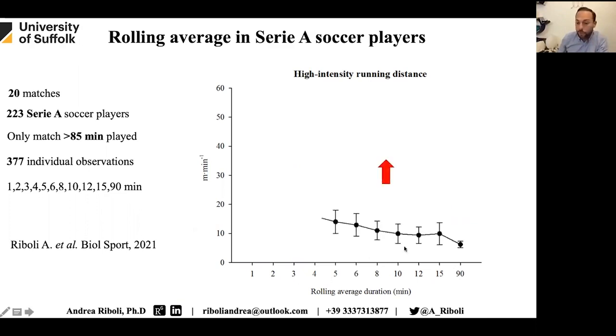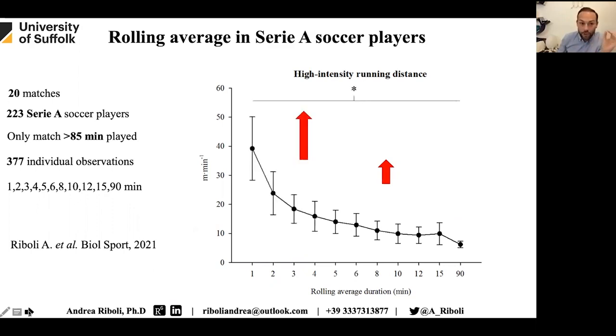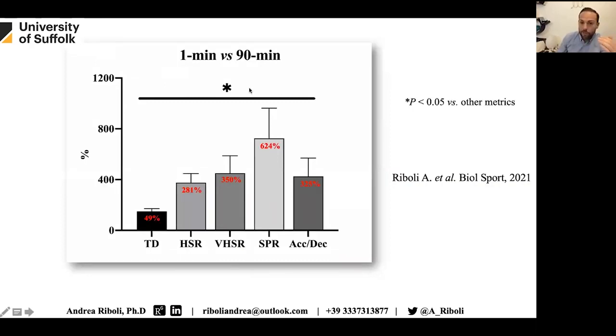And we found that for sure the intensity during the 5-minute period was higher than the average match demands. And for a short period of 1 minute, our players perform a significantly higher intensity for high intensity running distances than the 90-minute average.